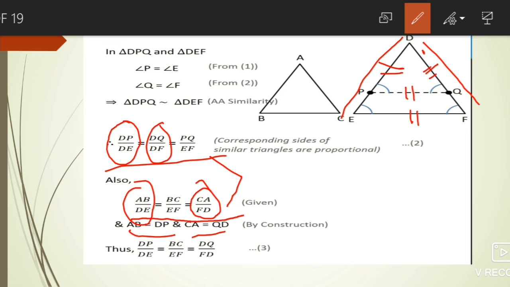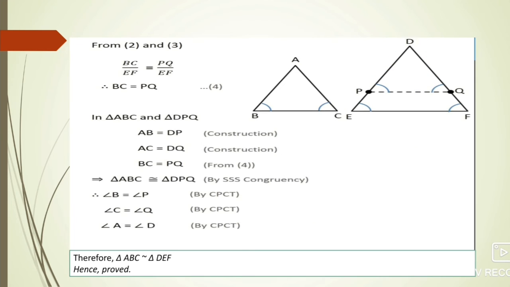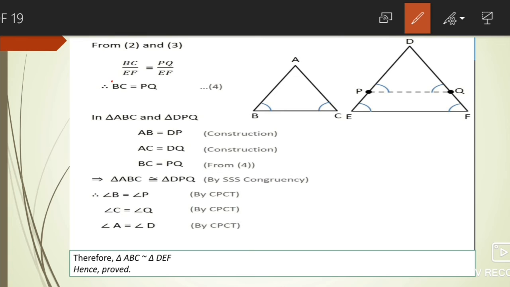So you can say that since this is equal to this one, and this is equal to this one, this ratio is equal to this ratio, that is BC by EF is equal to PQ by EF. So since BC by EF is equal to PQ by EF, you can say that BC is equal to PQ. That means this side is equal to this side.